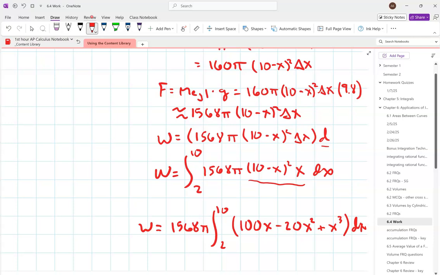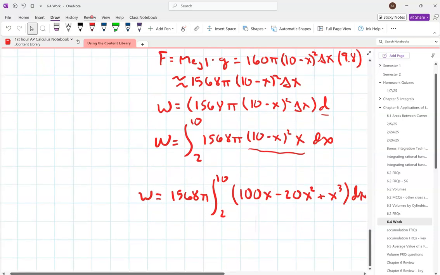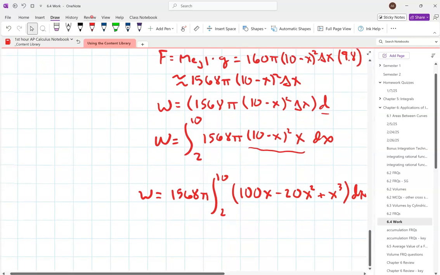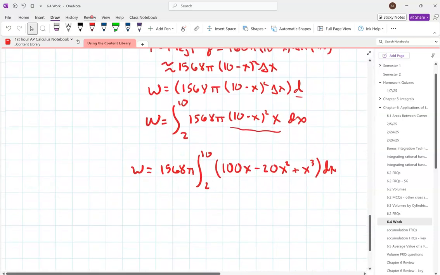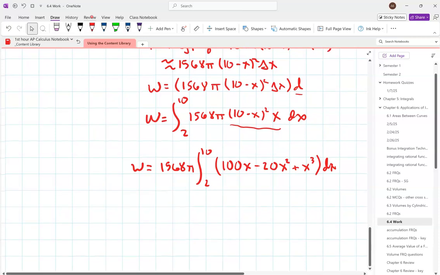Particularly since the FOIL isn't too bad, right? That's a pretty easy thing to FOIL out because it's just quadratic, or degree 2 thing. It's not like degree 5 or something. In that case, definitely I would be u-subbing as you suggested, John. But here, because the degree is so small, it's easy enough to just multiply it out. If it was degree 6 or 7 or something, well, no bueno.